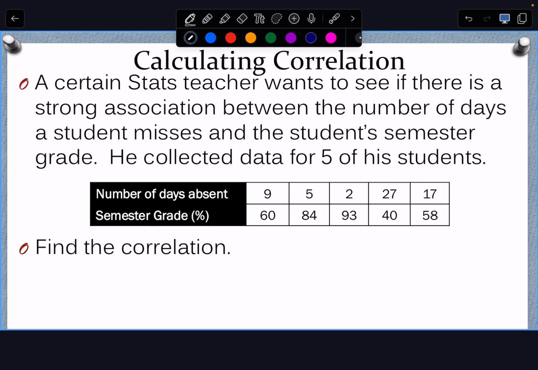Okay? So the first thing, if I'm going to do anything with scatter plots, anything with correlation, I'm going to take my data set and get it put into my lists on my calculator. So this is where I have to look at my variables and make sure I identify my explanatory and my response variable. It will not matter for correlation. It will matter for the scatter plot.